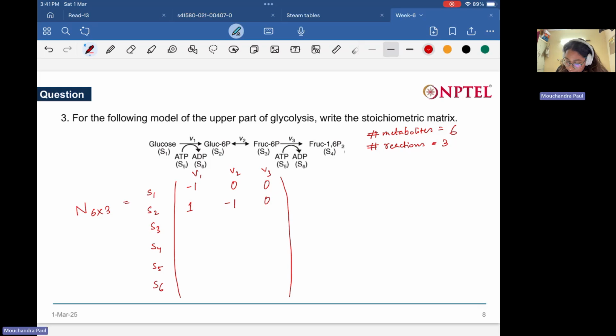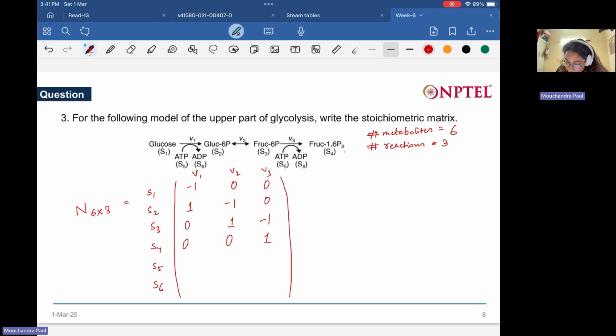Let's look at S3. So S3 is not involved in reaction 1. It is a product in reaction 2, and it is a substrate in reaction 3. Then S4 is not involved in reaction 1 and 2, but it is a product in reaction 3.